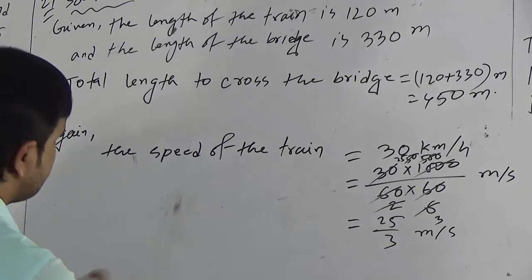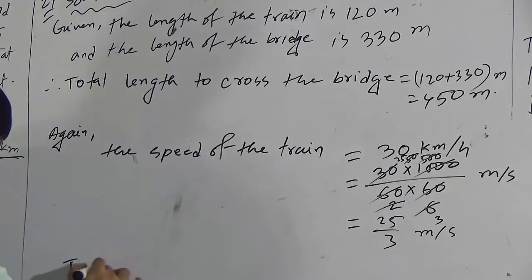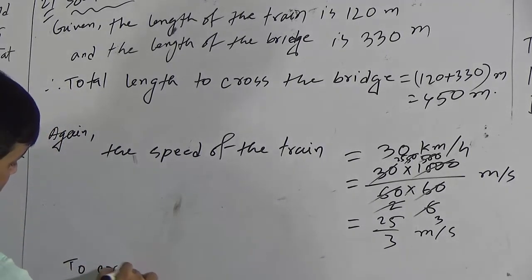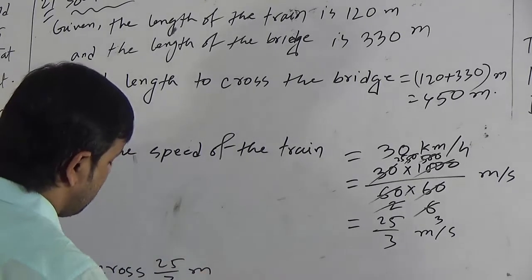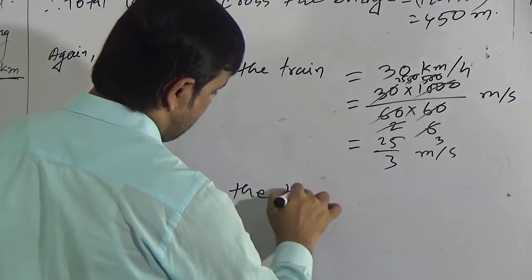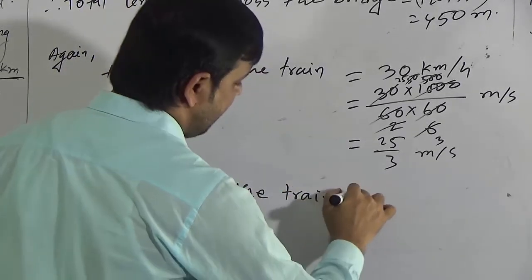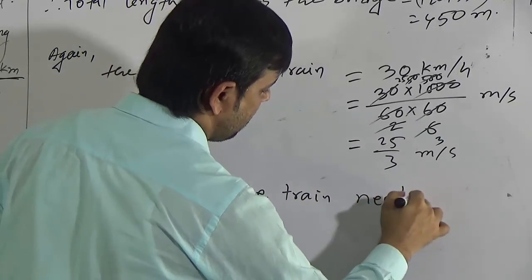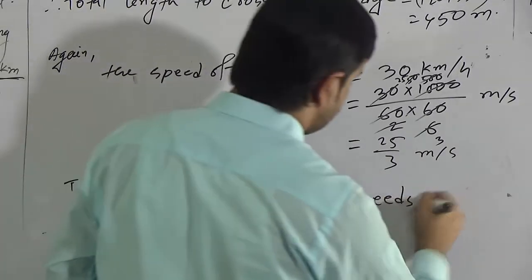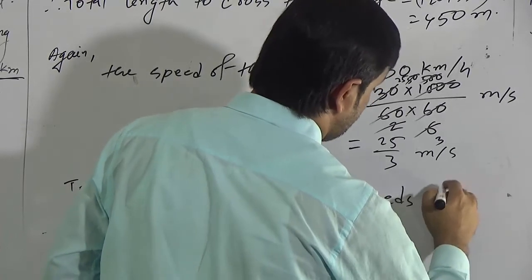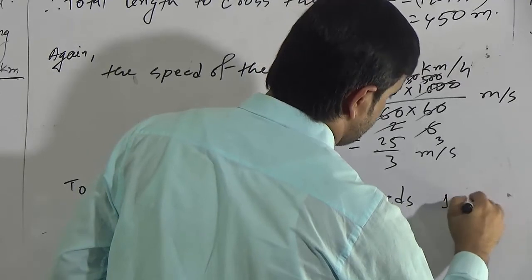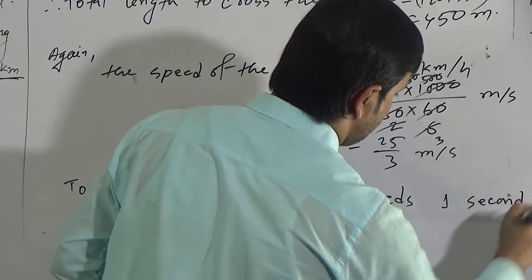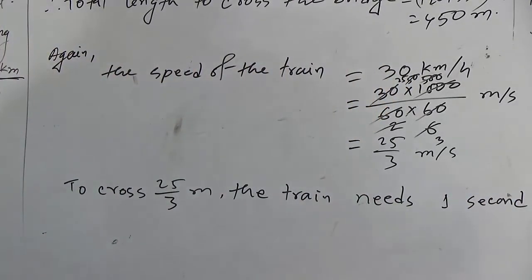So we can write here, to cross 25 by 3 meter, the train needs 1 second.